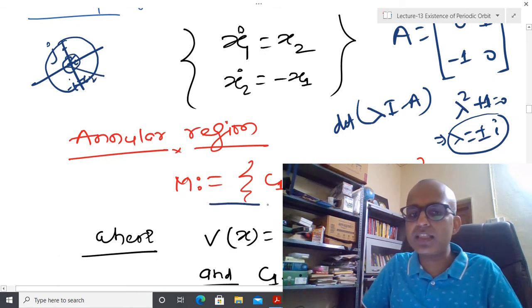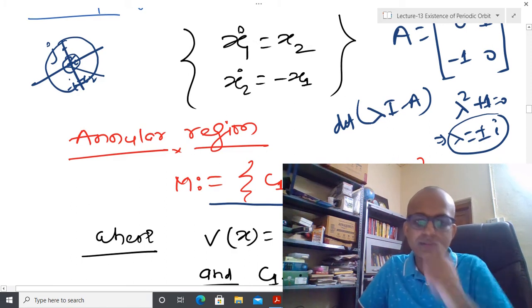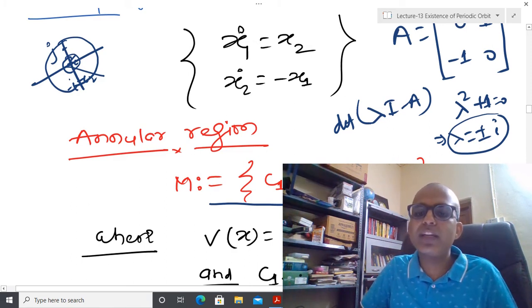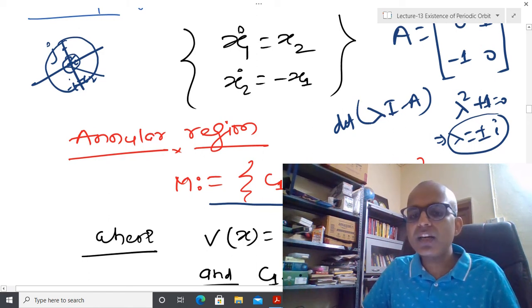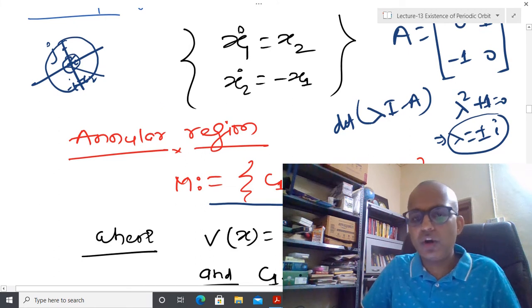So this region I have constructed, and after that I have constructed this kind of surface, x1 squared plus x2 squared equal to V(x). So I have constructed a circular region. After constructing the circular region, now I have to show whether there exists some kind of periodic orbit or not.